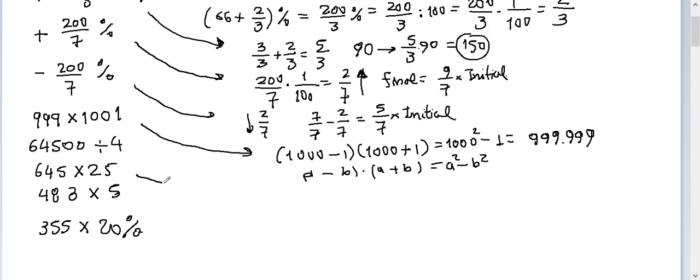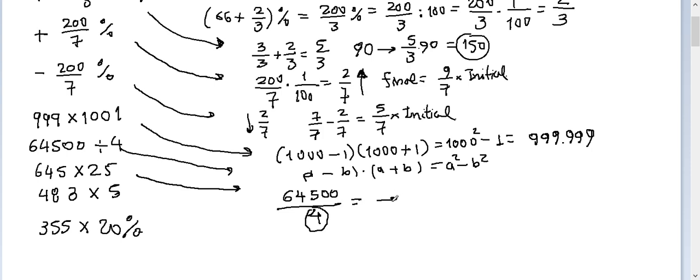One more trick that I have here is, first let's see this one. I have to divide 16,500 by 4. If I divide something by 4, the easiest thing to do is to do in 2 steps. First step, divide this by 2.